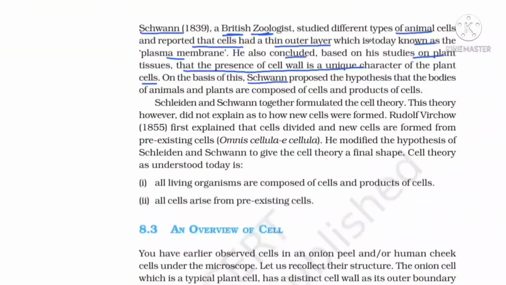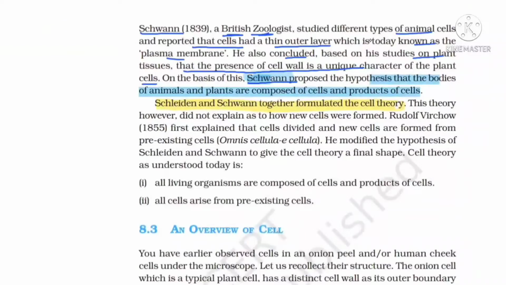On this, Schwann proposed the hypothesis that the bodies of animals and plants are composed of cells and cell products. So Schwann only proposed the hypothesis. Later on, Schleiden and Schwann together formulated the theory, which said all living organisms are composed of cells and cell products.